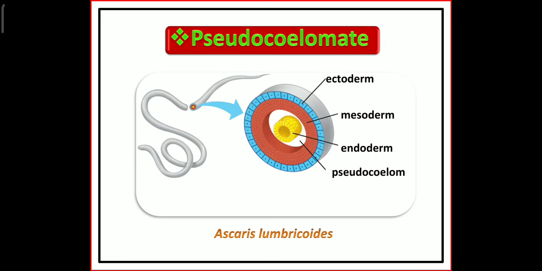But in the adult stage, this body cavity is not lined by mesodermal peritoneum tissue, forming a pseudocoelom. Animals of the phylum Nematoda and Rotifera are examples of the pseudocoelomate animals.